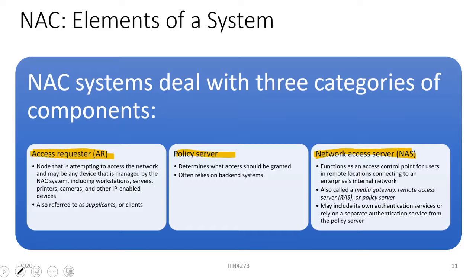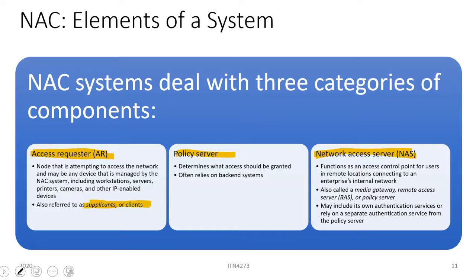These could be any of the computers, workstations, or any other devices that are trying to connect to the network. Other terminology that we may use is supplicants or clients.